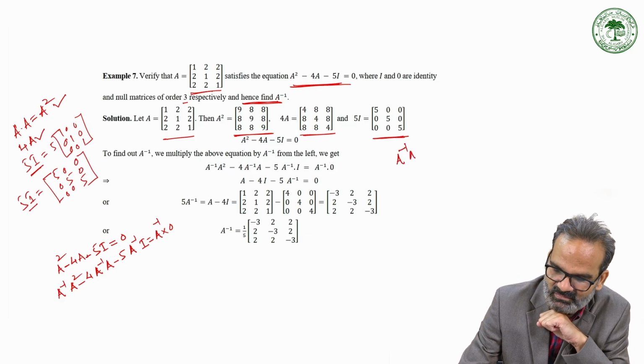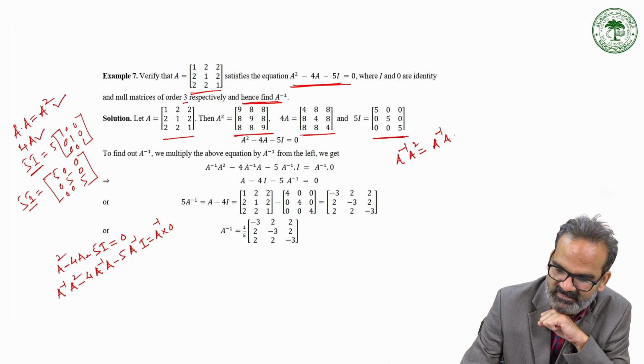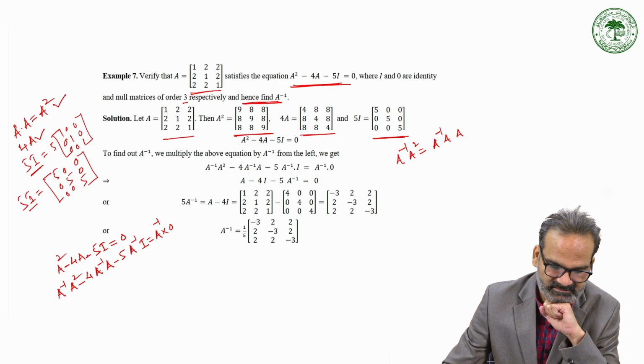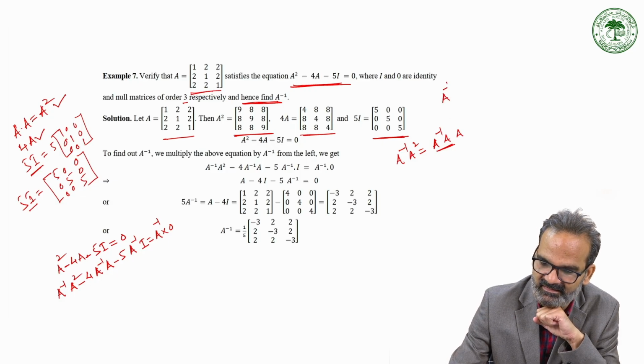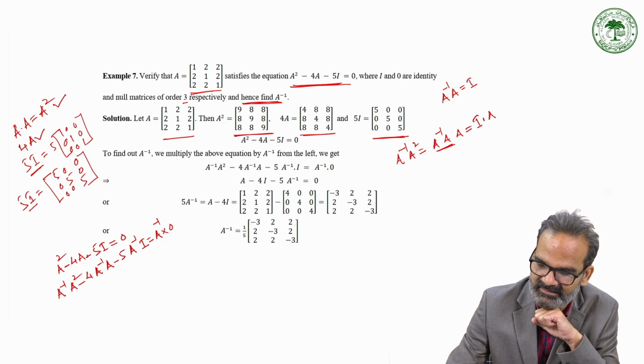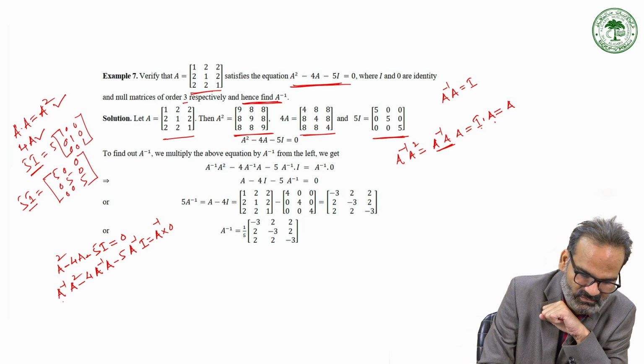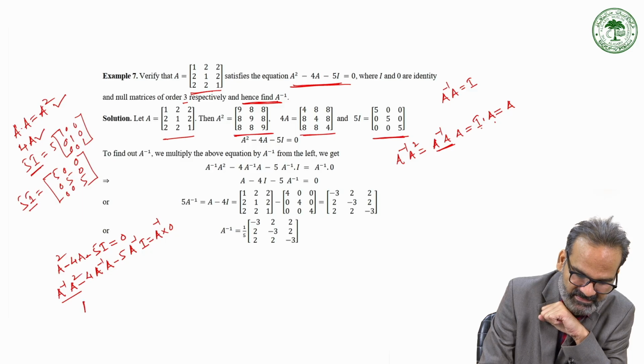A square can be written as A into A, right? And if you take these two together, by the definition of the inverse, A inverse into A is equal to I. So what you will get? I into A. If the identity matrix is multiplied with any matrix, you will get the matrix A itself. So the value of this is coming out to be A itself, right?